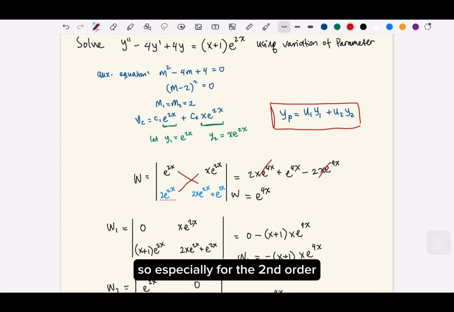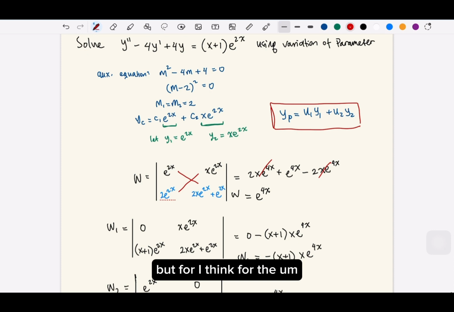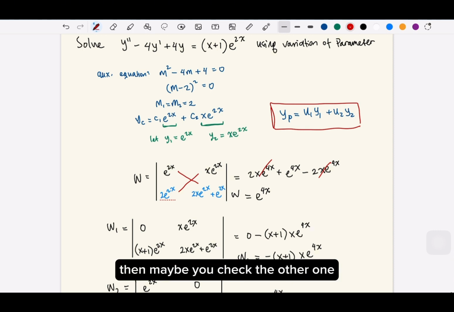So especially for the second order differential equation, you can have many options. But for the third order or fourth order, I think the best way is to start with undetermined coefficients, and if not, then check the other one.